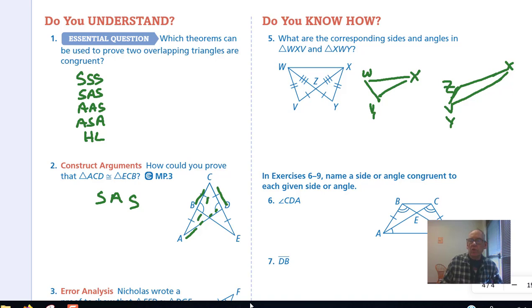And that's going to be congruent with WX. That's going to be congruent with, so this, WXY.